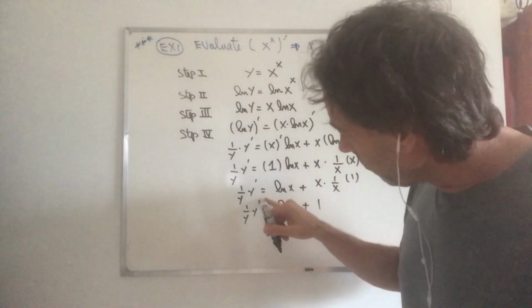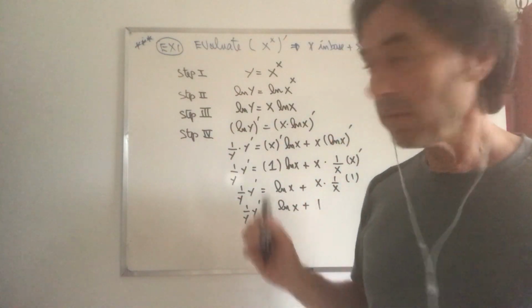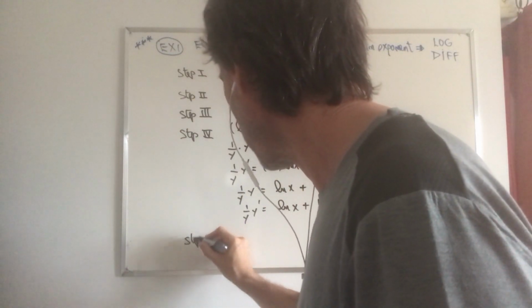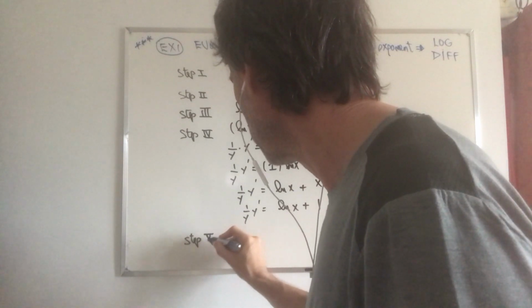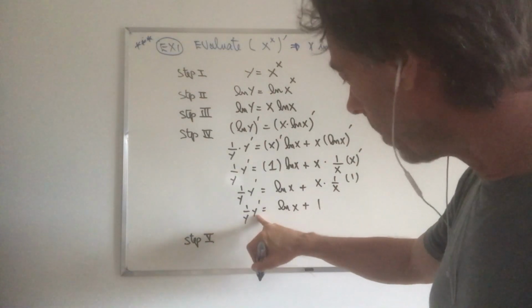The only prime left is the y prime, which means I am done finding my derivatives. I am done with step 4. So step 5, isolate the y prime.